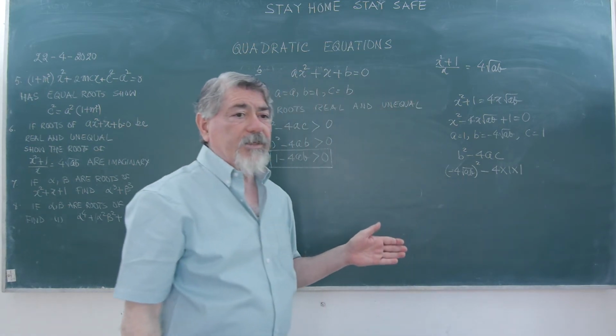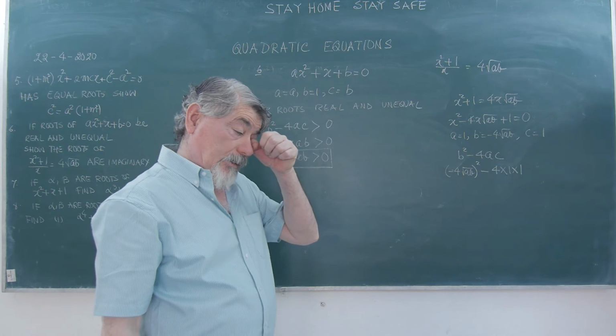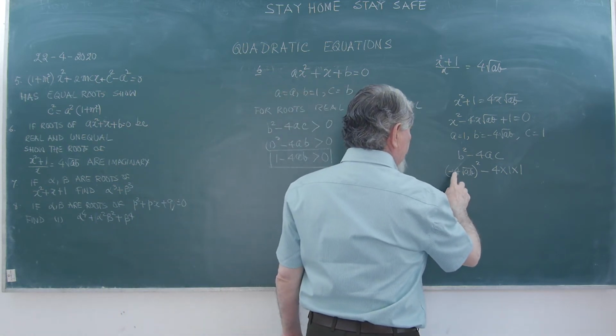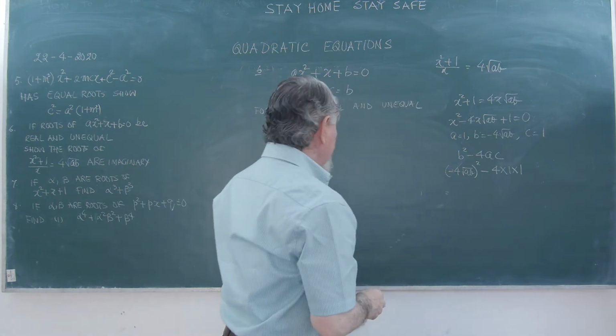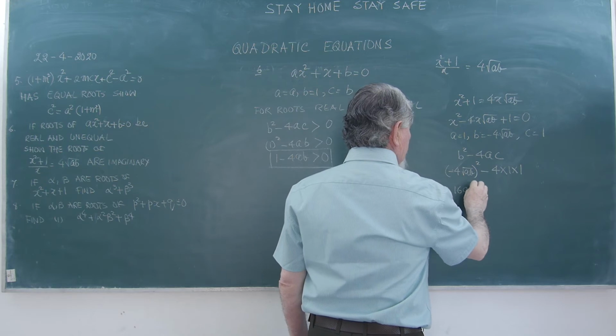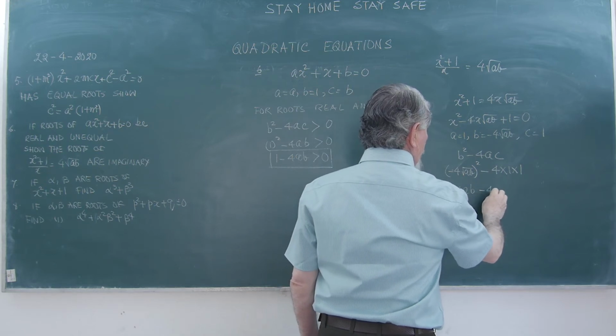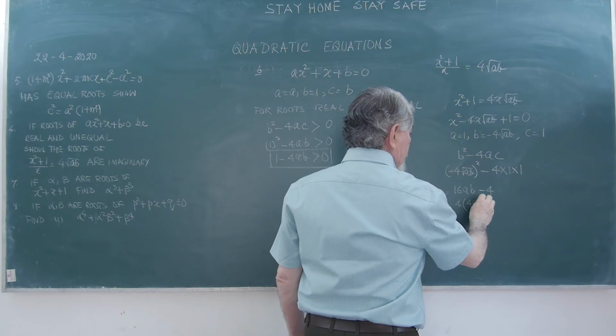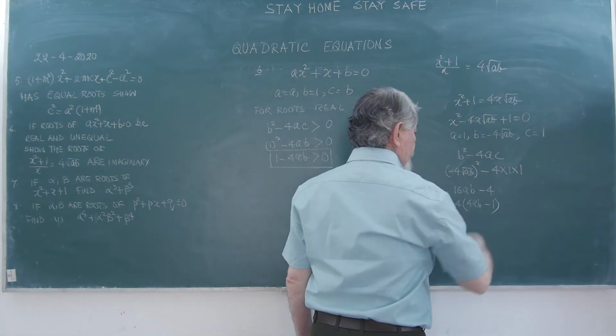I have to prove that this is imaginary. So when I square it, what will I get? 16ab minus 4. I can take 4 common, 4 times 4ab minus 1.